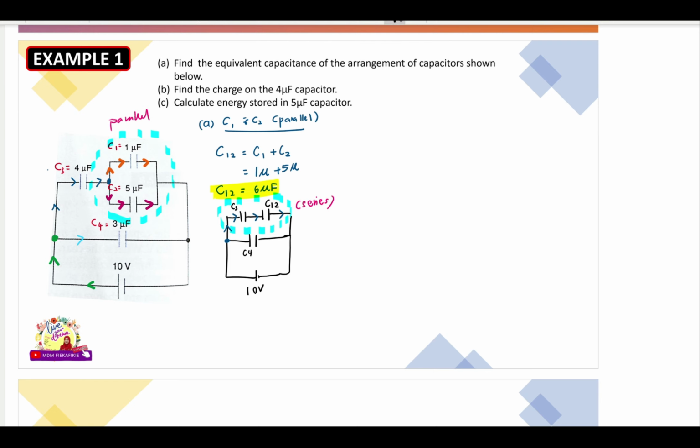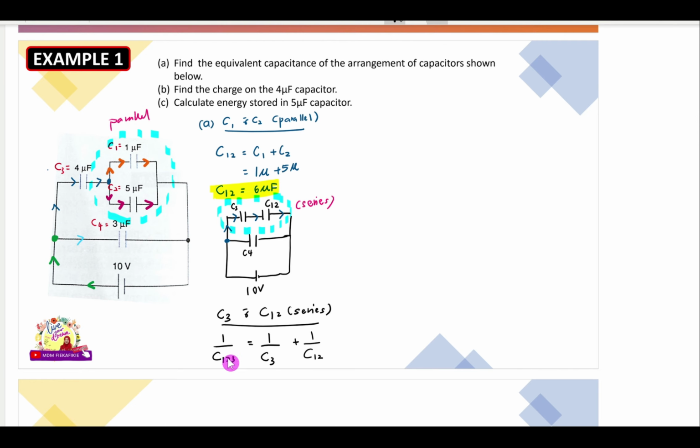Alright, so for series, so we want to calculate C3 and C12, sorry. So they are in series. Okay. So 1 over C123, so formula for series capacitors. Alright, so kita nak tambahkan 1 over C3 plus 1 over C12. Okay, so tengok betul-betul dekat sini adalah 1 over C123.